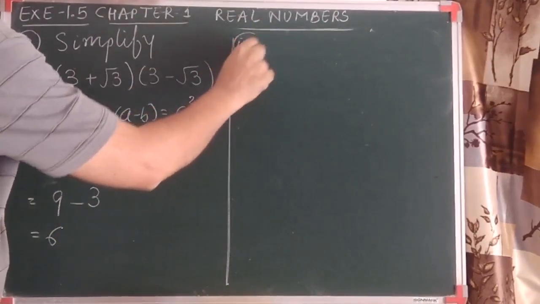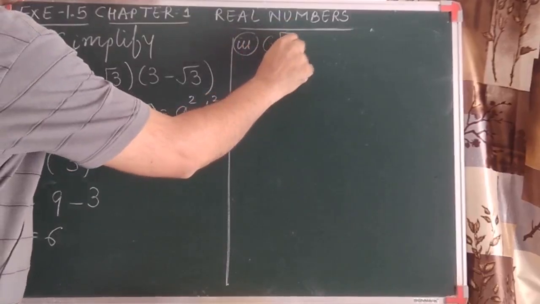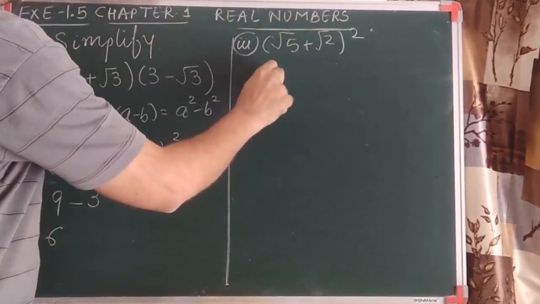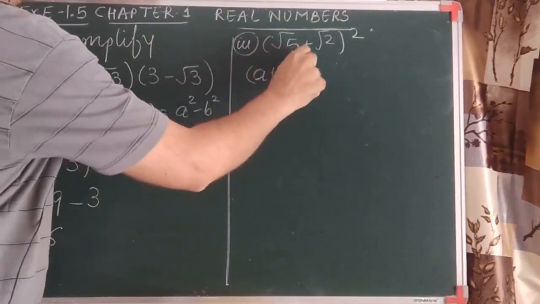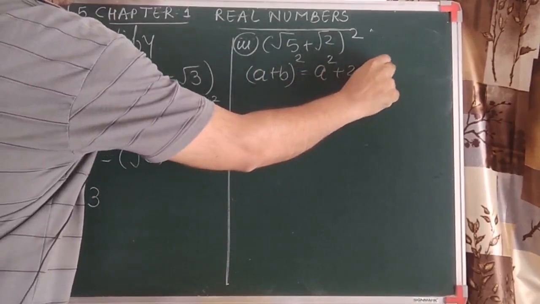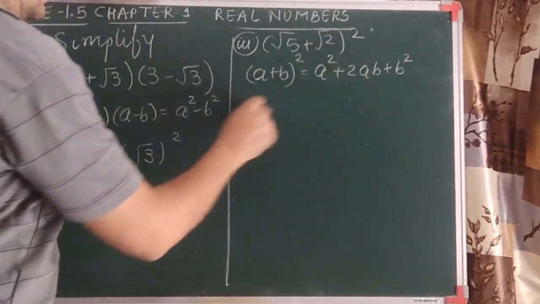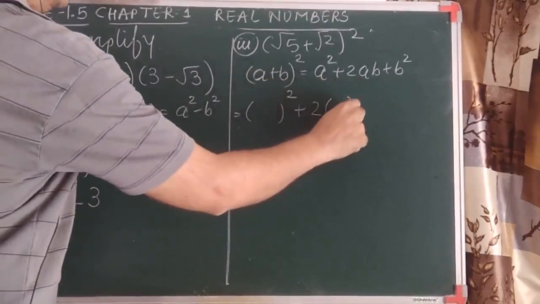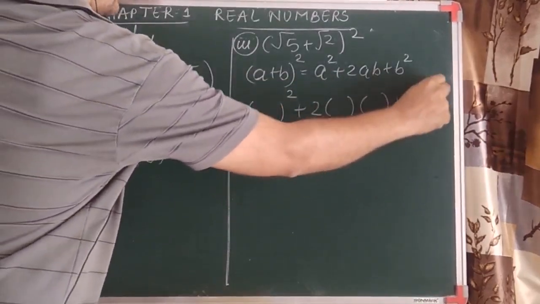The question is root 5 plus root 2 the whole square. So it is a plus b the whole square. Again the formula we discussed, a square plus 2ab plus b square. So let us use the same formula: square of the first term, 2 into bracket, and square of the second term.